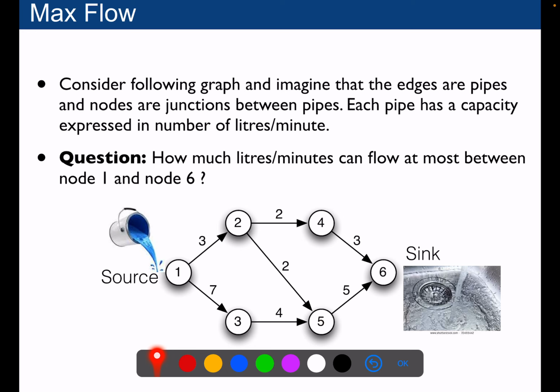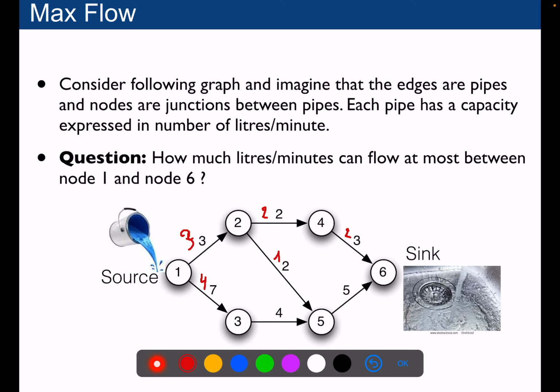So for instance, let's try to pour here 4 units. So we will, for instance, decide to have 3 here. Let's say 3. Let's say here it would be 4. And of course, you have the flow conservation constraint that must hold. So if you have 3 that comes here, maybe you will have 2 here, 2 here, right?